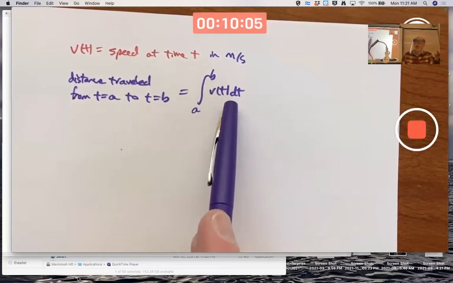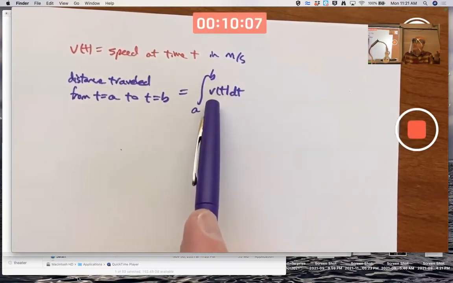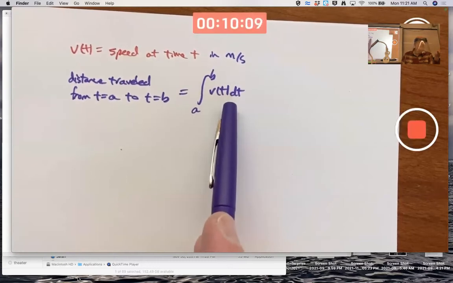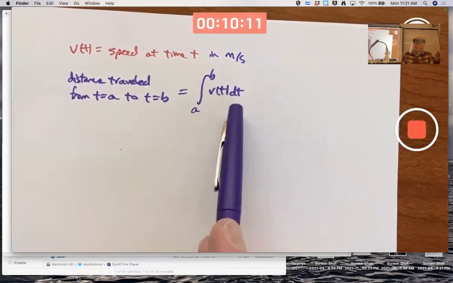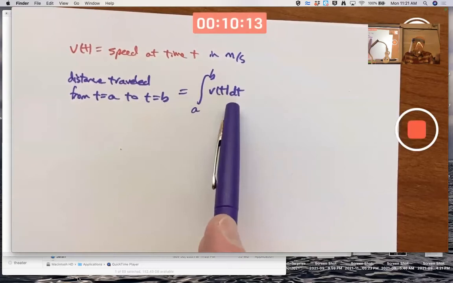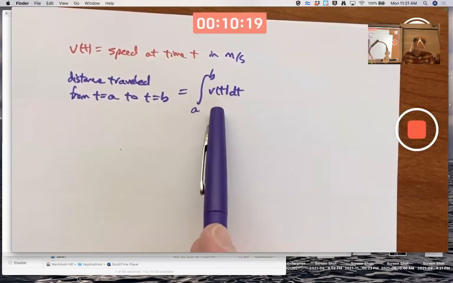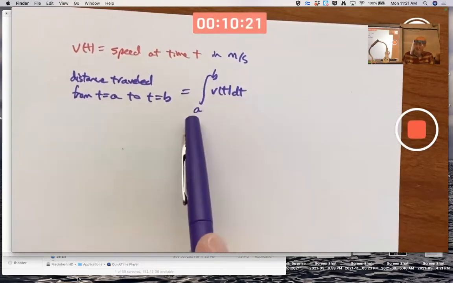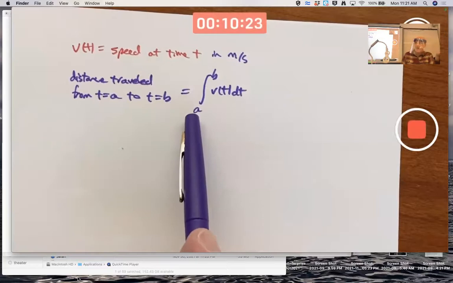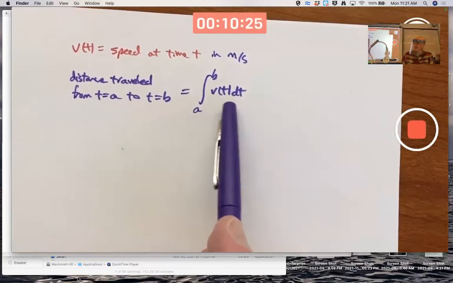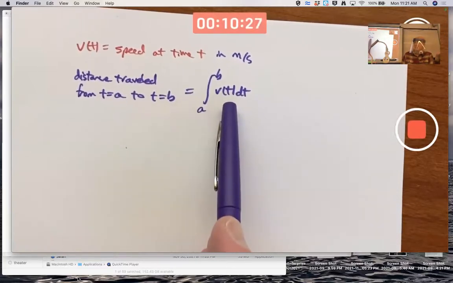And I've emphasized this before, scientists and engineers often do pretend that this is a multiplication. v of t times dt, something in meters per second times seconds. And the seconds would cancel, giving you a quantity, v of t dt, that is in meters, a tiny amount of distance traveled. And then the integral is like adding. To find the total distance traveled, add up the tiny distances traveled. This is a fundamental thing to realize when you're in your science classes and they're talking about applying integrals.